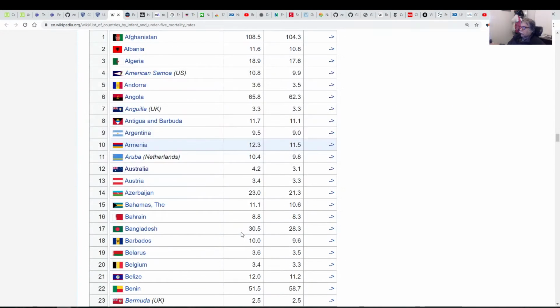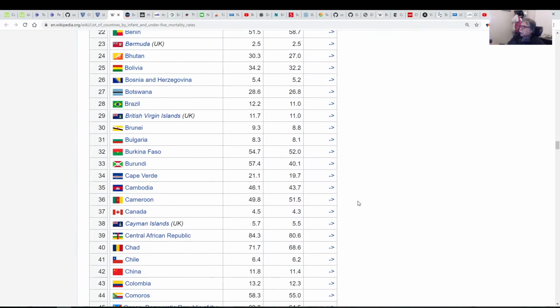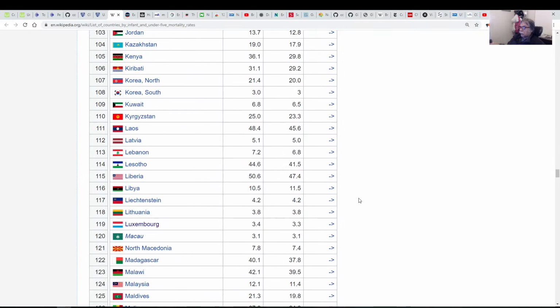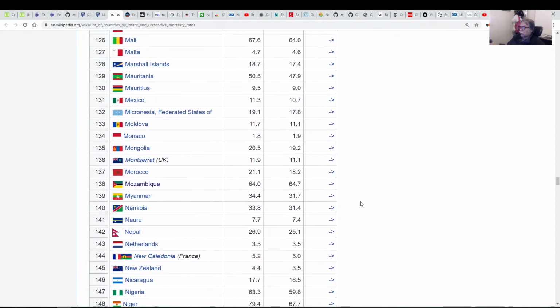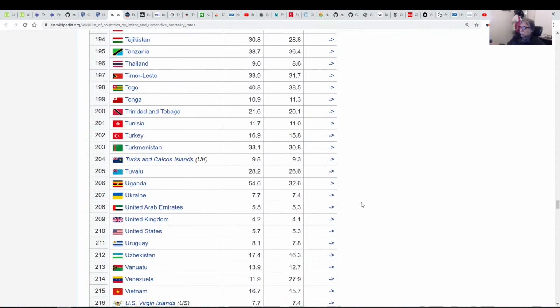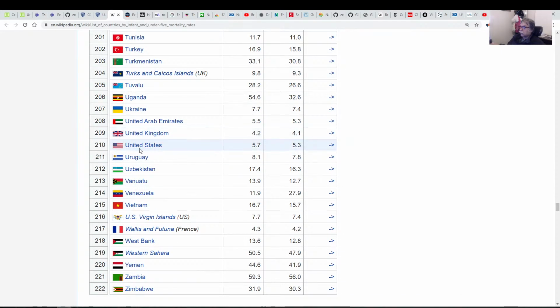You can use either one you like, or all 3, and find out in this data what percentile and what rank the United States is. So we have the United States somewhere in this list. It's something interesting. Infant mortality now is 5.3, a year ago 5.7.